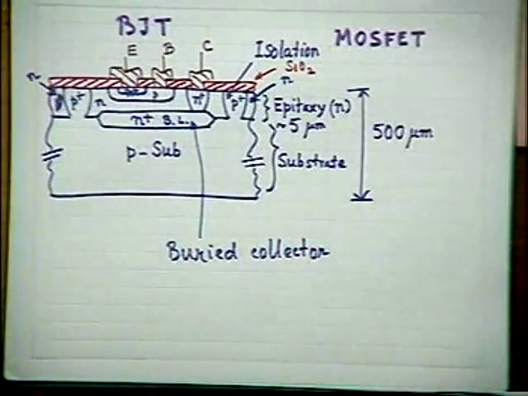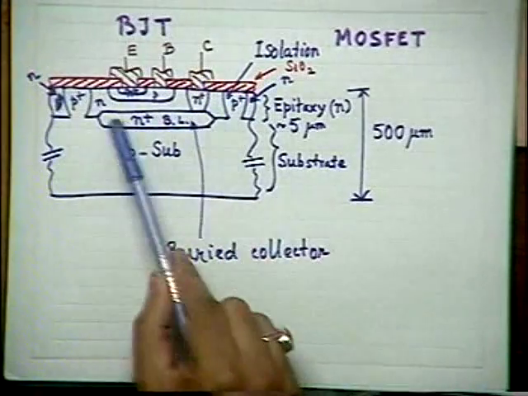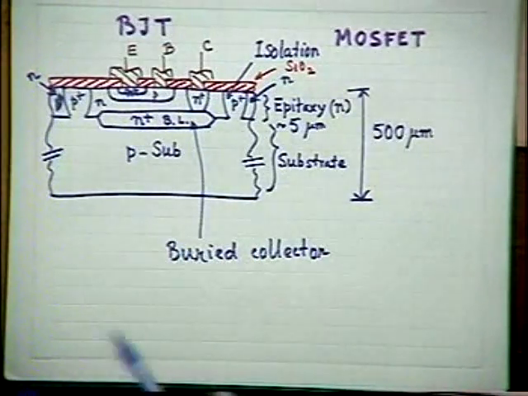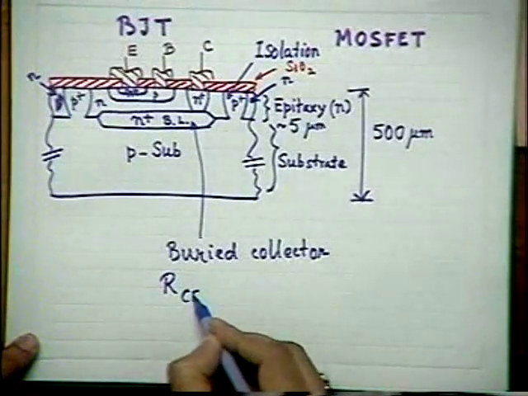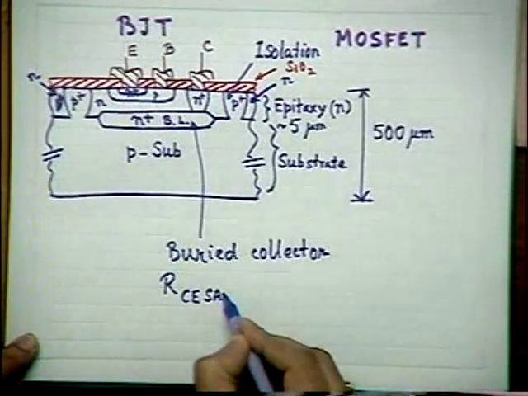We need that when the switch is on, the voltage across the transistor should be as low as possible, almost 0 volt, around nearly 50 to 200 millivolt. That's a typical requirement. But because of the resistance in series with the collector, I think you know that, the resistance which is offered by the collector in saturation region is called RCE saturation.